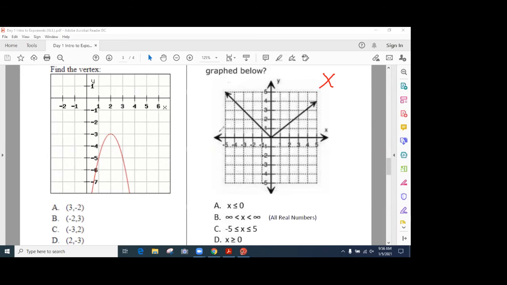So infinity symbols would mean it goes on forever. She's also the one that will make our final. Now, I don't know if she will have this or if she'll have all real numbers. But we tend to call this all real numbers. But if it's written like that, we want to know. So if you see that you can't crop anything because there's arrows on both sides, that's all real numbers. So that's B.